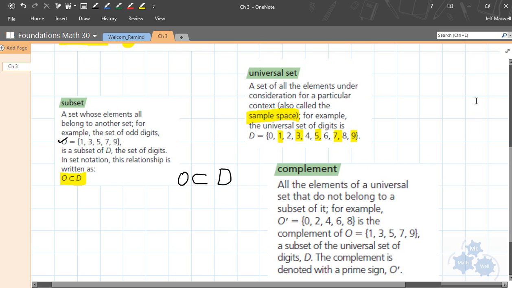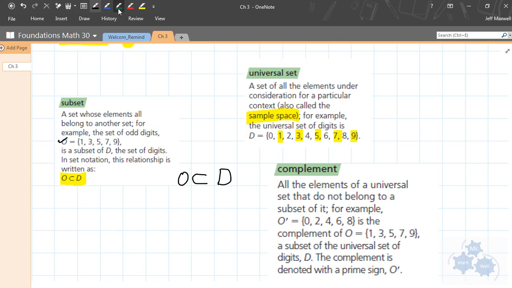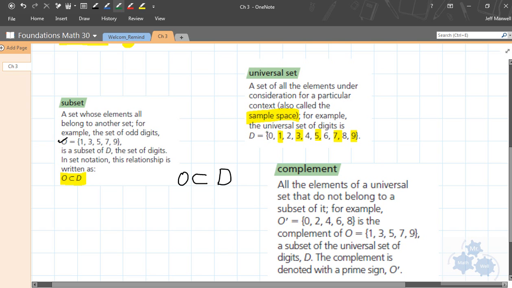The complement in math means this: all elements of a universal set that do not belong to a subset. So for example, if we talk about everything that does not belong to the subset of odd numbers, that means everything else that would be left over. If we go back to our universal set, everything that's not odd would be these numbers right here. This is not the subset E for even numbers, but the subset O prime.